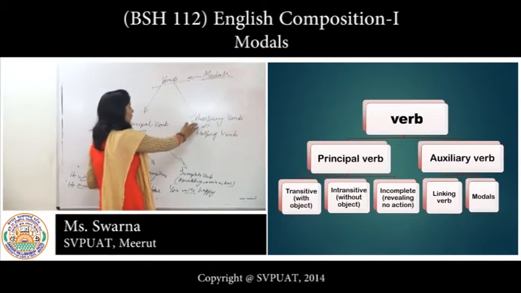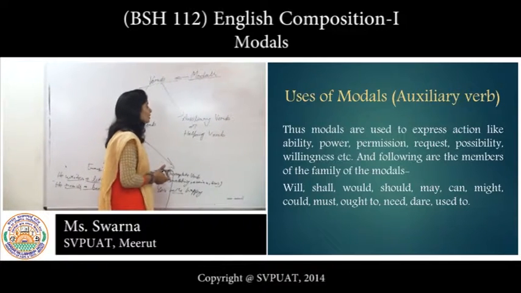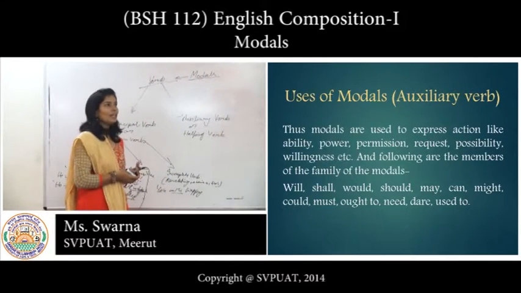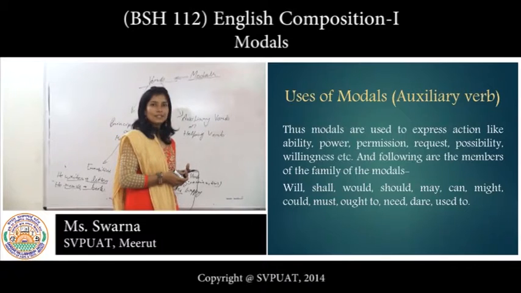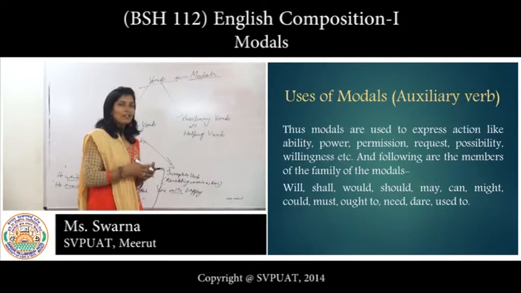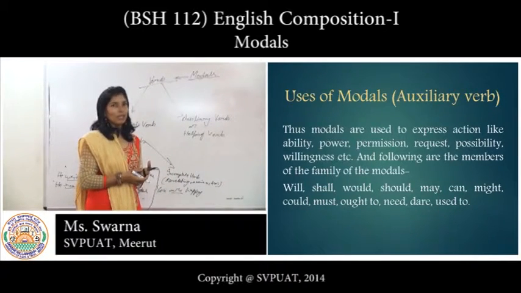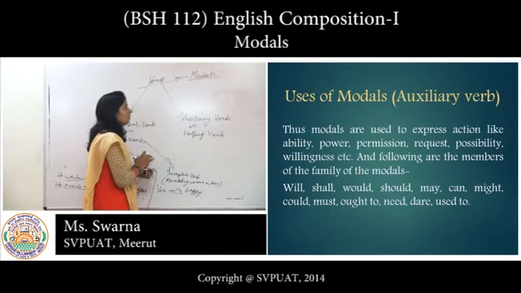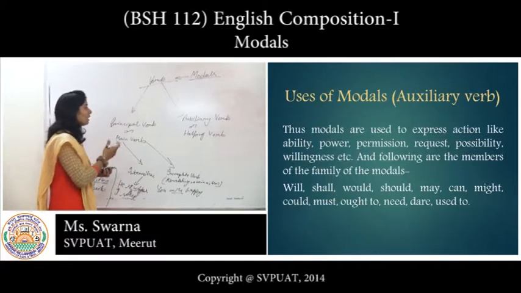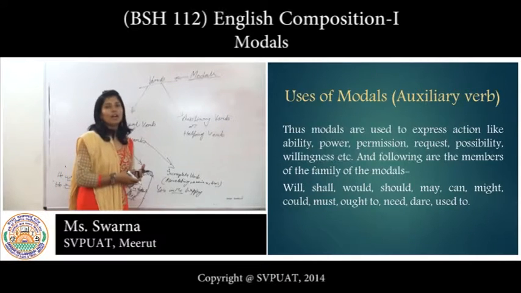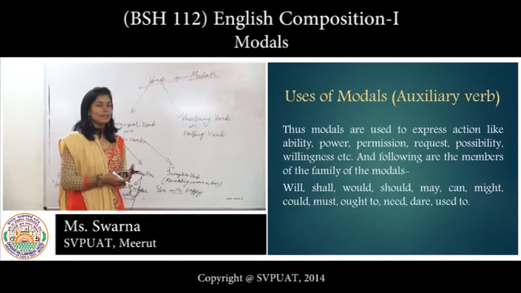And the second type of verb is auxiliary verb, or helping verb. Like in the sentences of tenses, we use main verb as well as helping verb to complete the sense of the sentence. So both types of verbs, principal verbs as well as auxiliary verbs, are used in tense sentences.